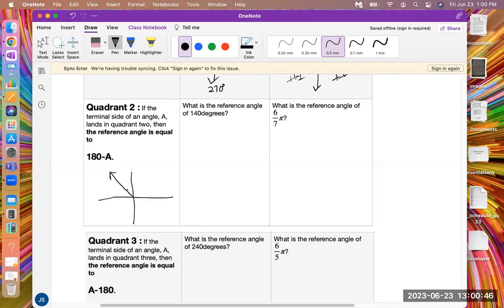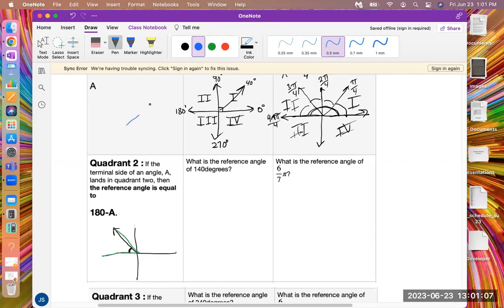That makes sense because the reference angle is measured between the x-axis and the terminal side. If the line is closer to the negative x-axis, you measure from the negative x-axis to the terminal side, and if the line is closer to the positive x-axis, you measure from the positive x-axis up to the terminal side.